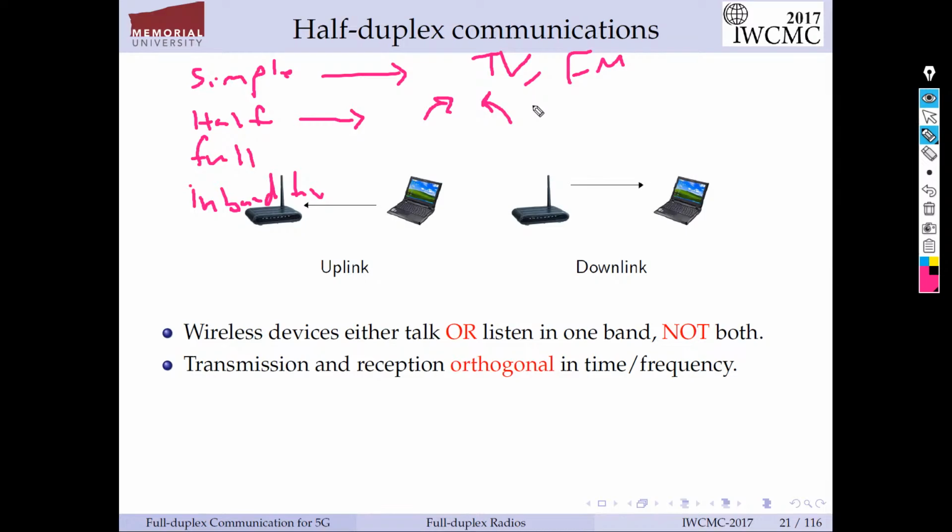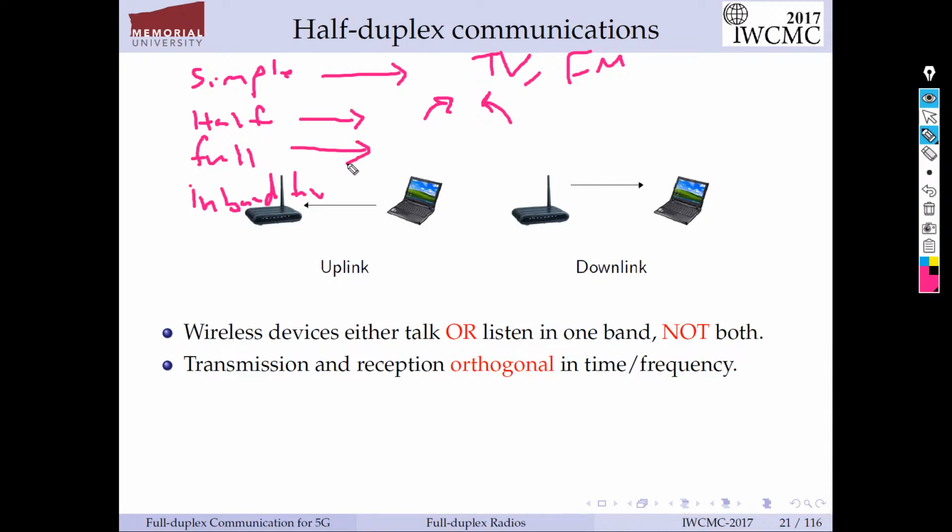You listen before you talk. Example, the devices with the police, with the cabs. Basically they talk, then the other listens, then they press a button so that they can take control and start talking, and the other party receives and listens. So we call this half duplex because you cannot transmit and receive simultaneously.